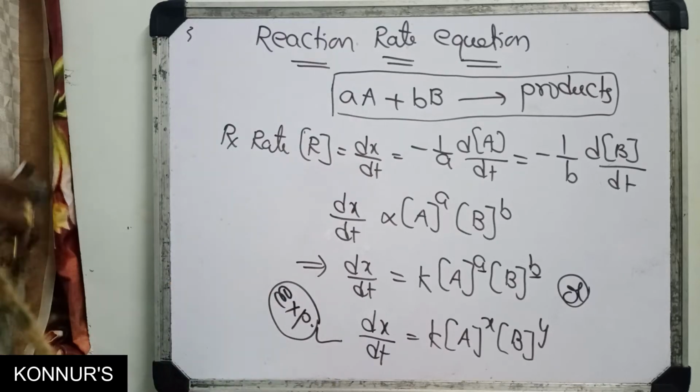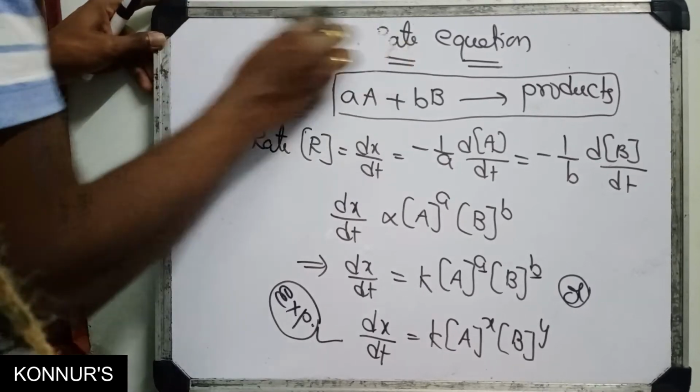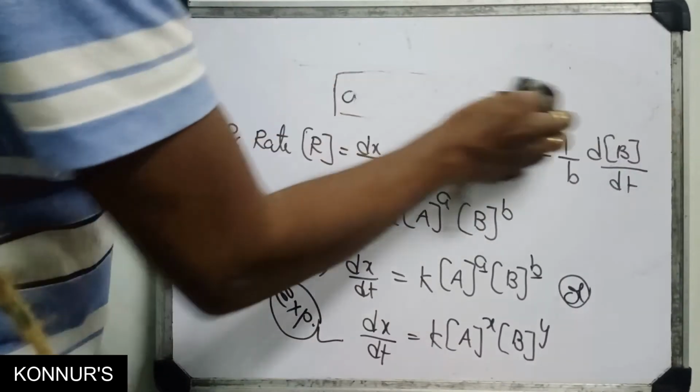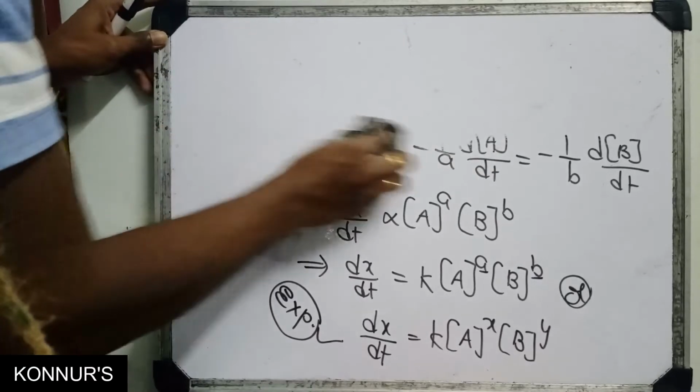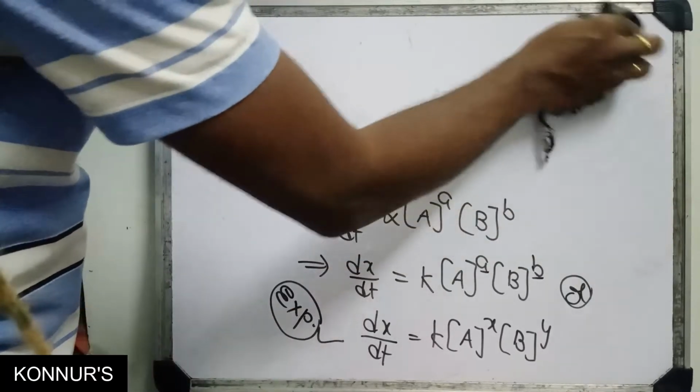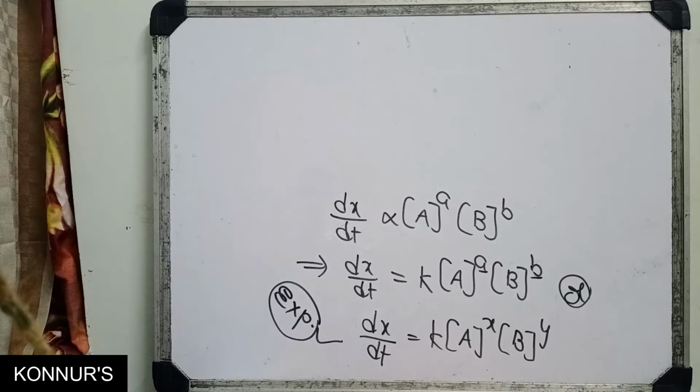One best example: if you take any reactant concentration in excess, then the change in that reaction rate is not observed.